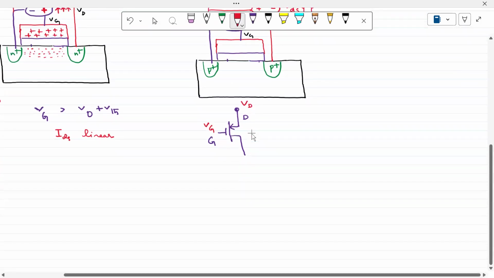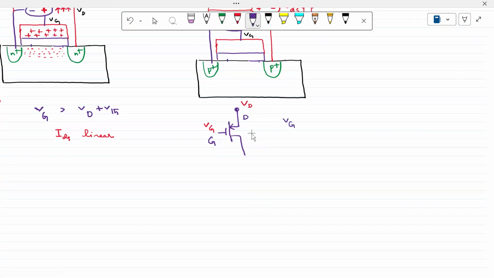Look at this one. The VG of the PMOS transistor is more negative than the drain potential plus threshold voltage.